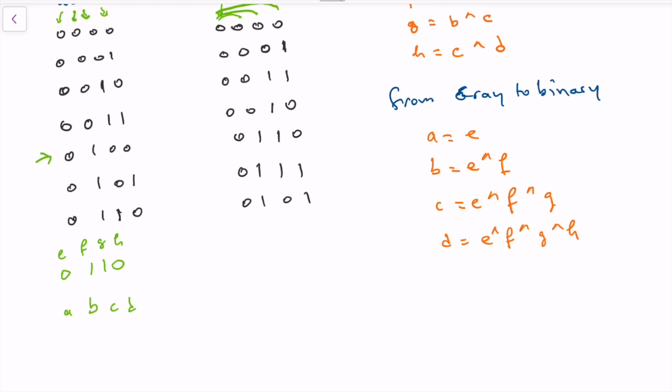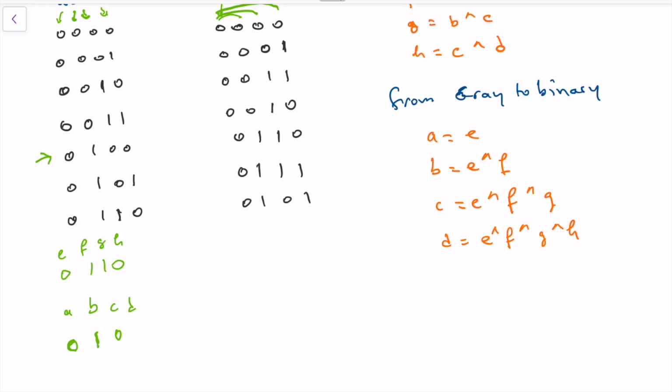And so A would be E first, right? And then B would be XORing E and F, which is XORing 0 and 1. They are different, so that's 1. C is XORing E, F, and G, so XORing 0, 1, and 1. So XORing 0 with 1, that's 1, because they are different. XORing 1 and 1, that's 0, because they are the same. And so here we have 0, right?